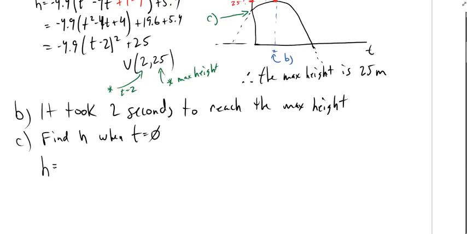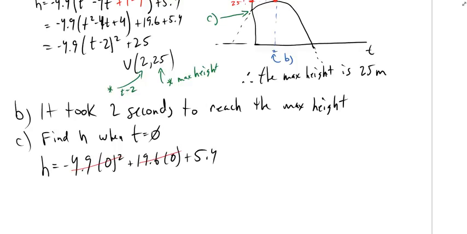So h equals negative 4.9 times 0 squared plus 19.6 times 0 plus 5.4, was it? And so this is 0, this is 0, and this is an easy question.